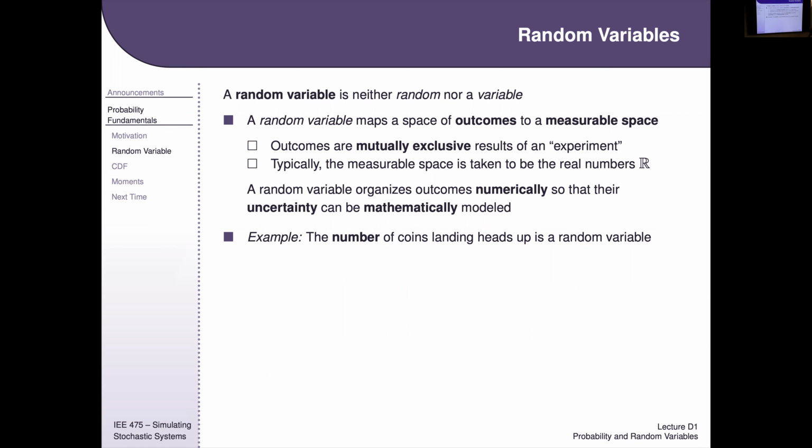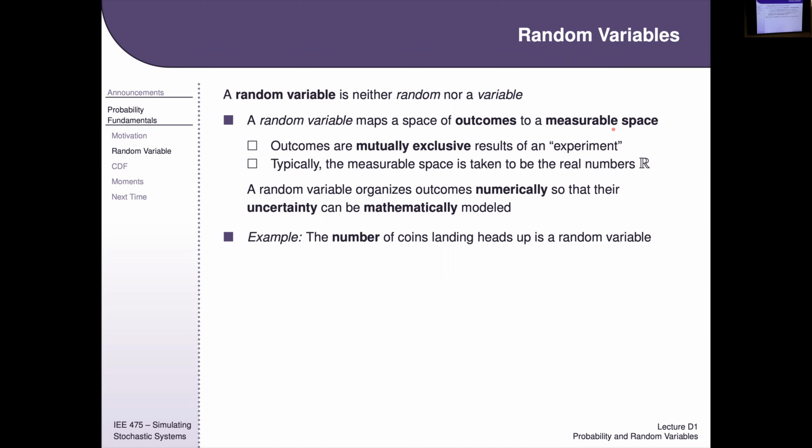All right, so this term random variable that we're going to use a lot is sort of a problematic term because formally speaking, from a mathematical point of view, a random variable is neither random nor a variable. It's a deterministic function. It's a function that maps a so-called space of outcomes to a so-called measurable space.